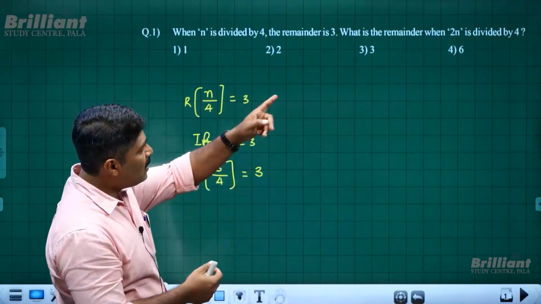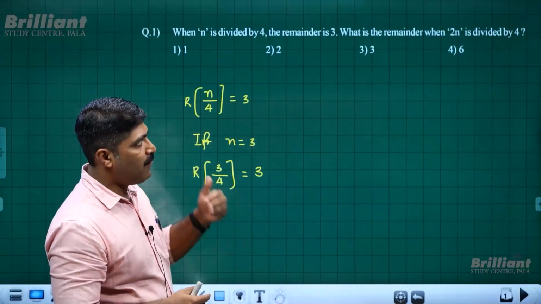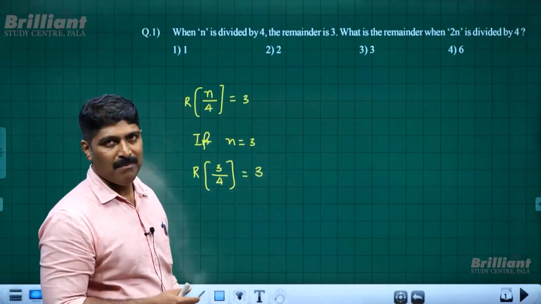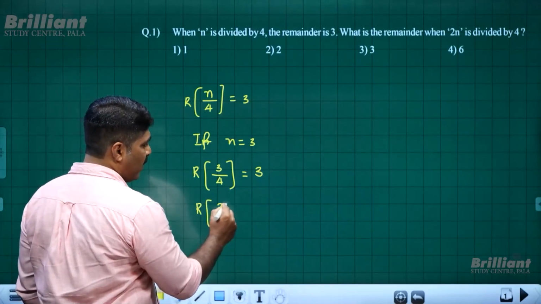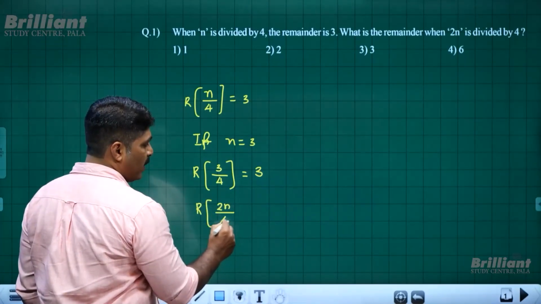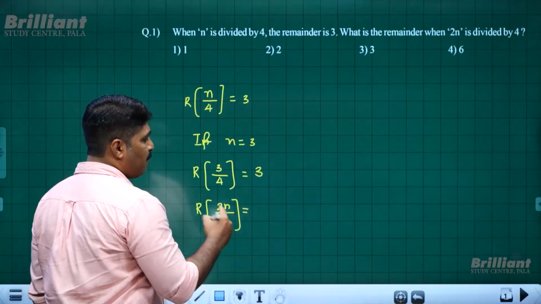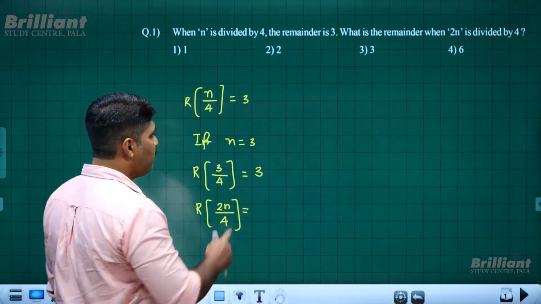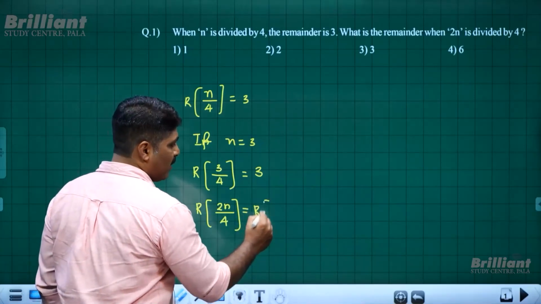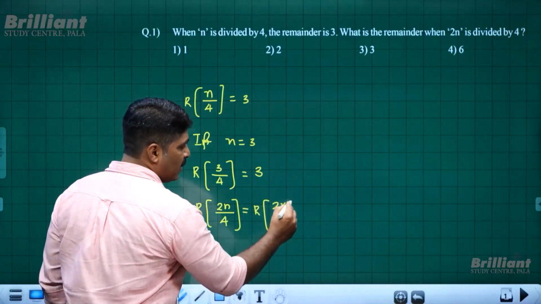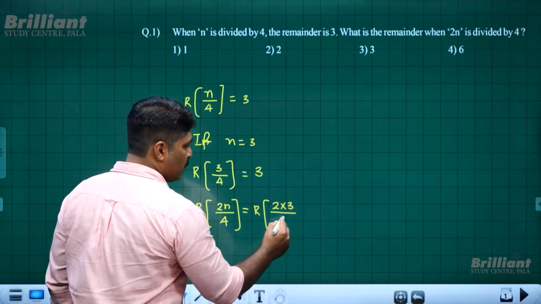So what is our next point? We divide 2n by 4. What will be the remainder? What is the value of n as per our assumption? n is equal to 3. Therefore 2n is 2 into 3, which is 6, divided by 4.